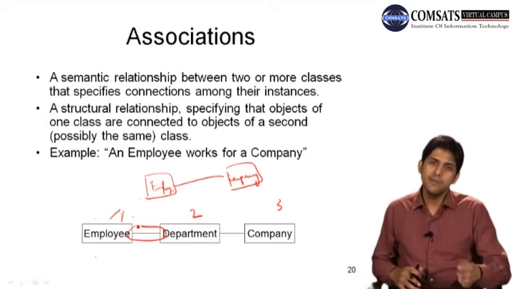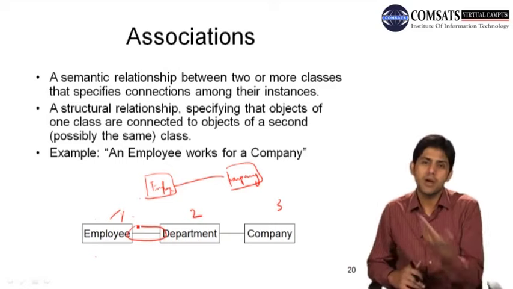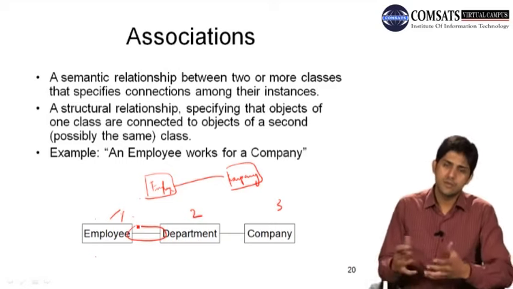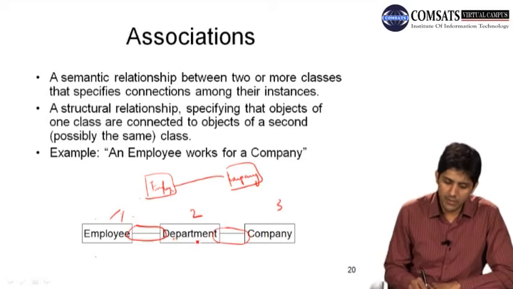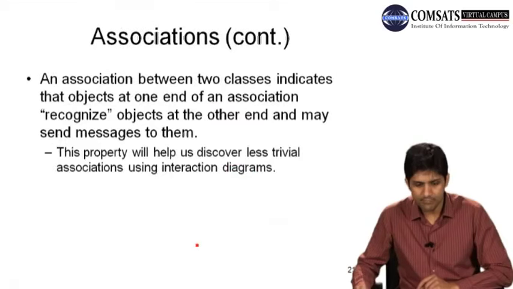Okay, so similarly हर employee हम कह रहे हैं he is part of a department and then department is connected to the company. Okay, so this is very simply saying कि जी there is a link between employee and department and there is a link between department and company.